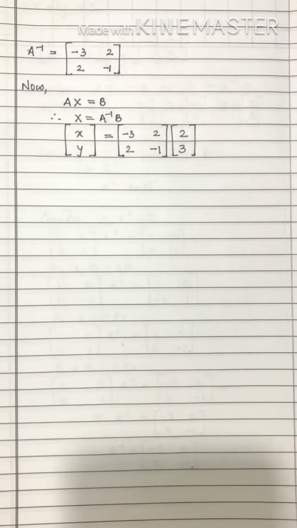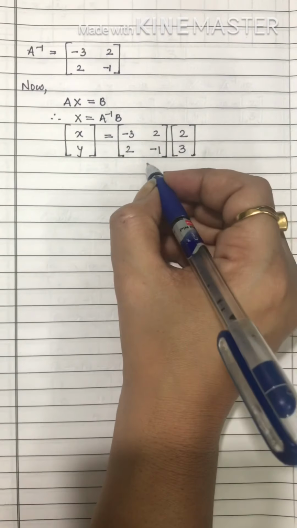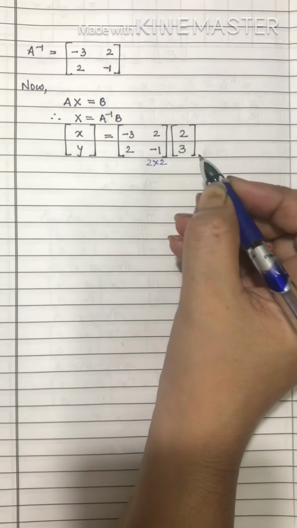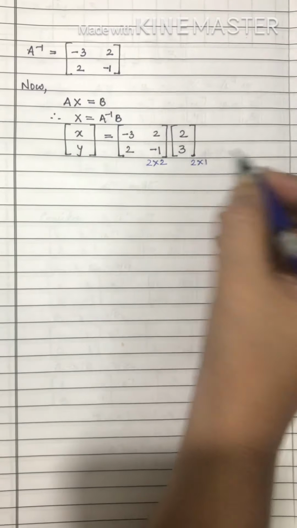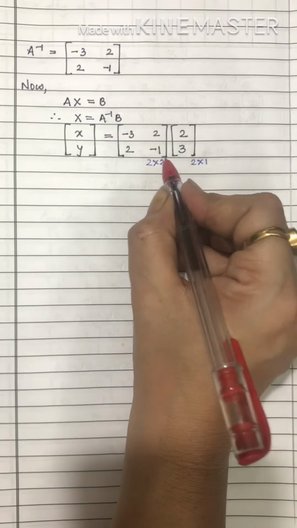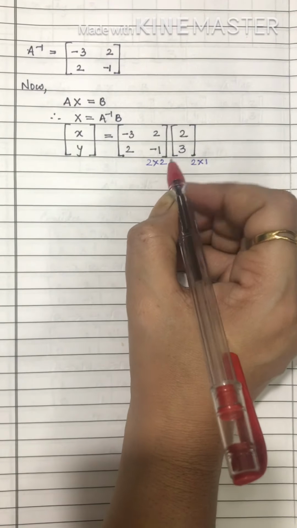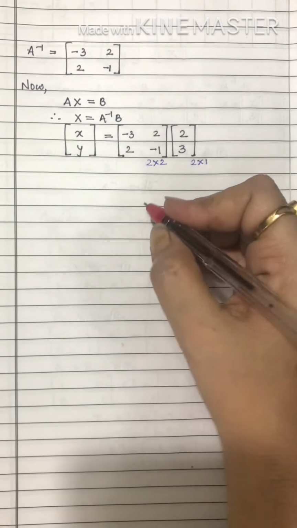Okay, now see, the order of matrix A inverse is 2 by 2 and the order of matrix B is 2 by 1. Now first of all you need to be very careful to understand whether the product of two matrices is possible or not. How do we check this? We have already solved this in the previous videos.